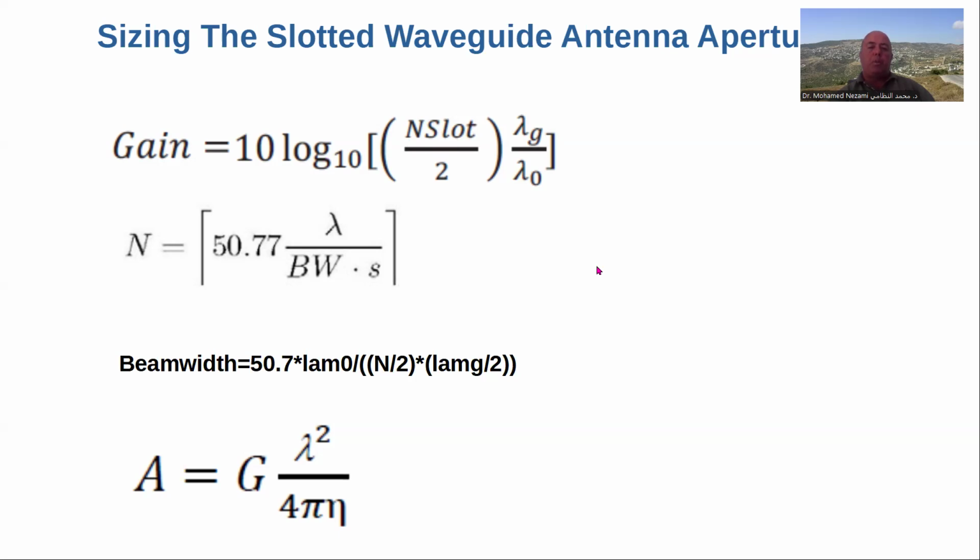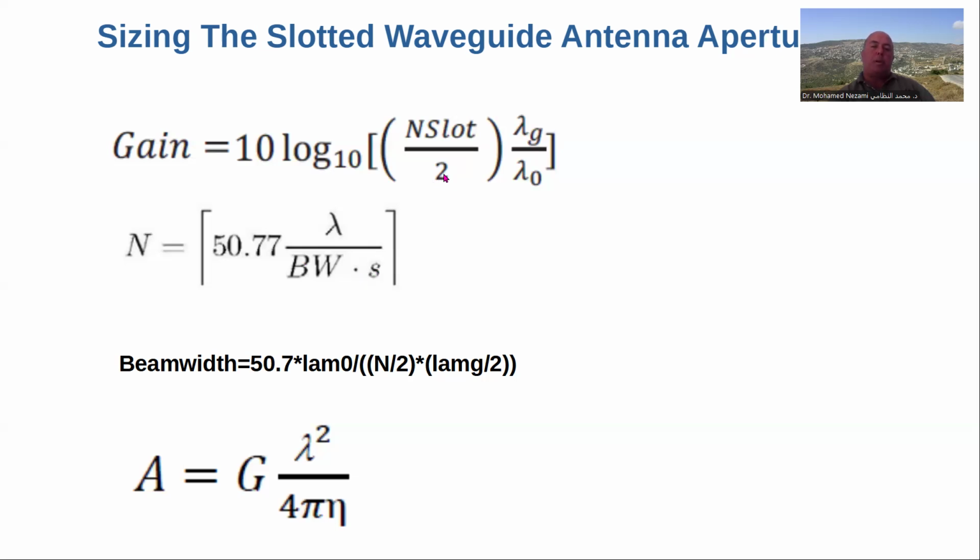Or another way is to figure out how many slots you need to cover a specific beam width, in degrees, at a certain spacing, which is a half.